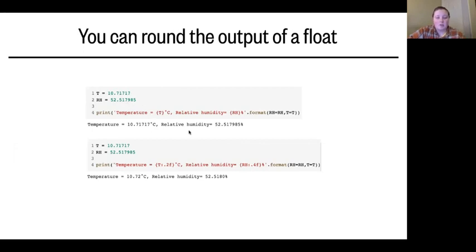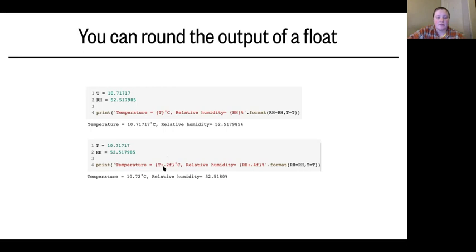And we could do the same code that we just had where we say T is going to go right here, RH is going to go right here, dot format, and we're going to put those keyword arguments in there. But we can also round them. So for example, we have temperature T, and then to do any kind of formatting of our output, we say colon, and to do a rounding, we say 0.2.